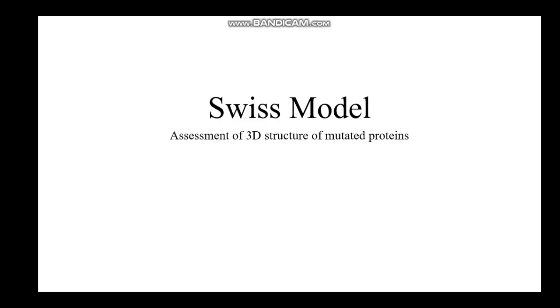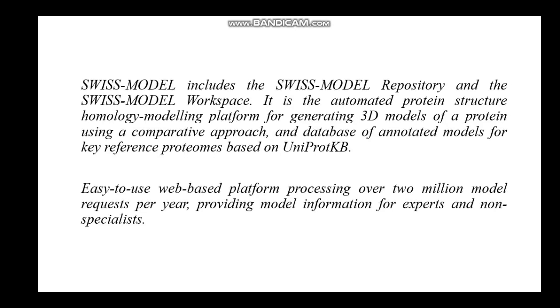Hello everyone. Today we are going to learn another tool which can be used for the assessment of three-dimensional structure of mutated proteins, and it is known as Swiss model. Swiss model includes the Swiss model repository and the Swiss model workspace.